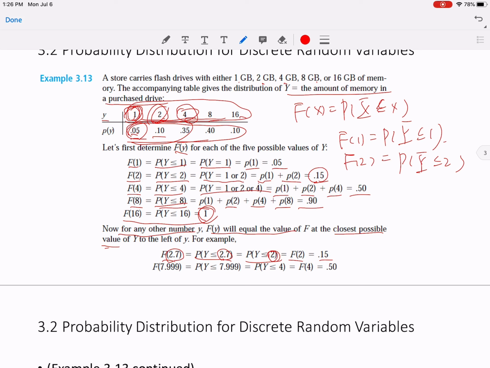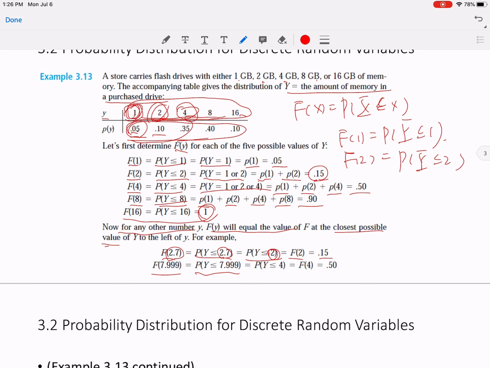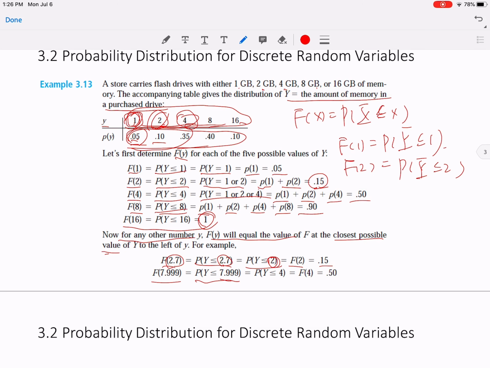And then let's take a look at this, f of 7.99. So we can tell that there is no 7.99. If we want to find out the probability of y is less than or equal to 7.99, we've got to find the closest possible value of y to the left of this number 7.99, which is 4, right?